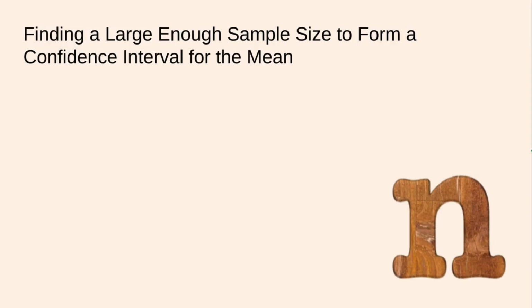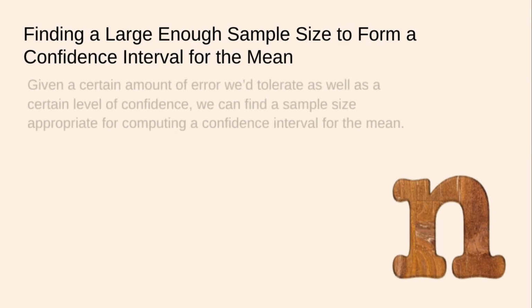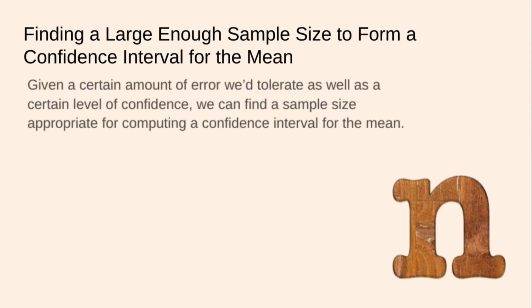Now here's one more problem type for this section. This is finding a large enough sample size to form a confidence interval for the mean of the population. So given a certain amount of error we would tolerate, as well as a certain level of confidence, we can find a sample size appropriate for computing a confidence interval for the mean.